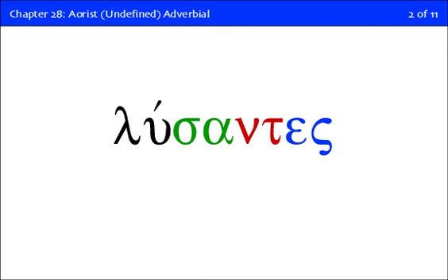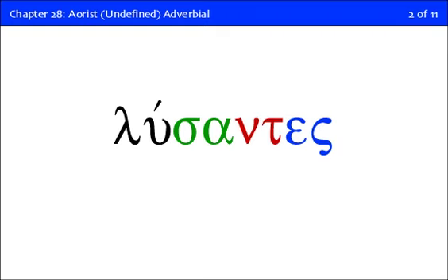Now, what you can't tell from the lu, because it doesn't change the form of its stem in the different tenses, is that you're looking at an aorist stem, but what's missing? Very good. Yeah, there's no augment. Why do you think there's no augment on an aorist participle? Right. Because an augment indicates past time.